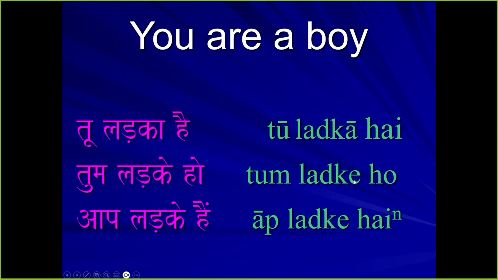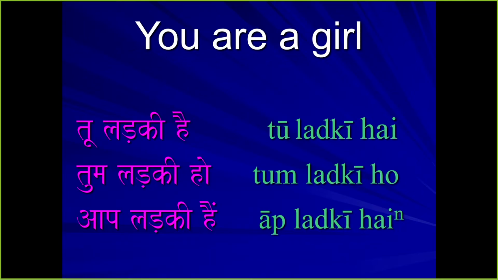This is not plural, this is just what is called the oblique form of the same word. So when we use this, the words change. Often words which end in a sound change, so ka becomes ke. तू लड़का है, तुम लड़के हो, आप लड़के हैं, and so on. Okay. So you are a boy. Next is you are a girl. Kavina, Anisha, read this for me.